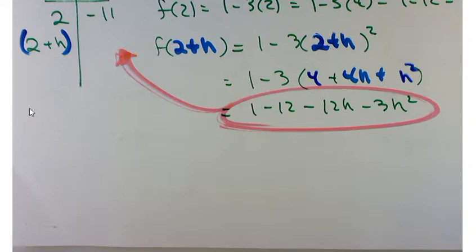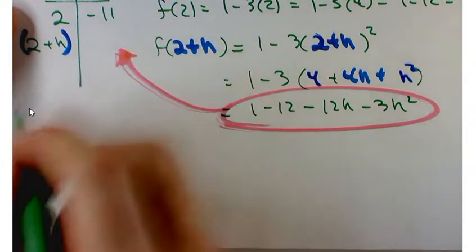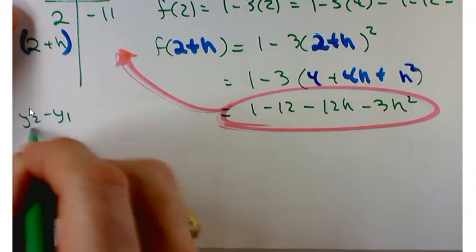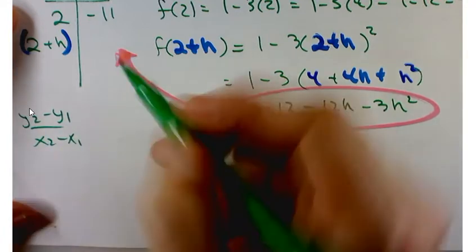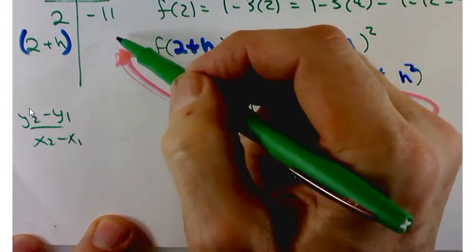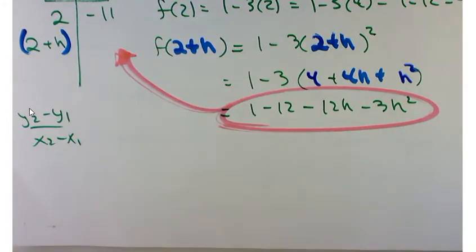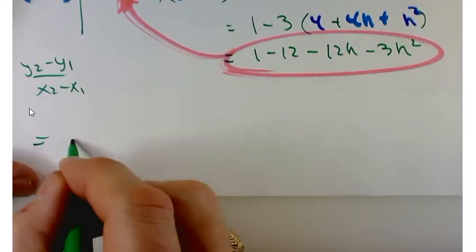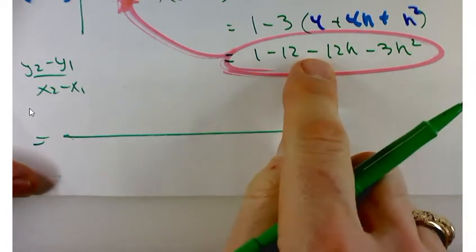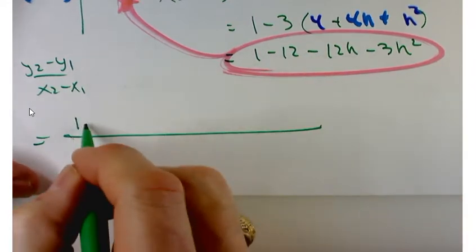Keep in mind, I want to find the slope of the line between these 2 points. So the slope of a line is going to be y2 minus y1 over x2 minus x1. So I've got to subtract the y coordinates over the difference in the x coordinates. So the difference in the y coordinates is going to be 1 minus 12.